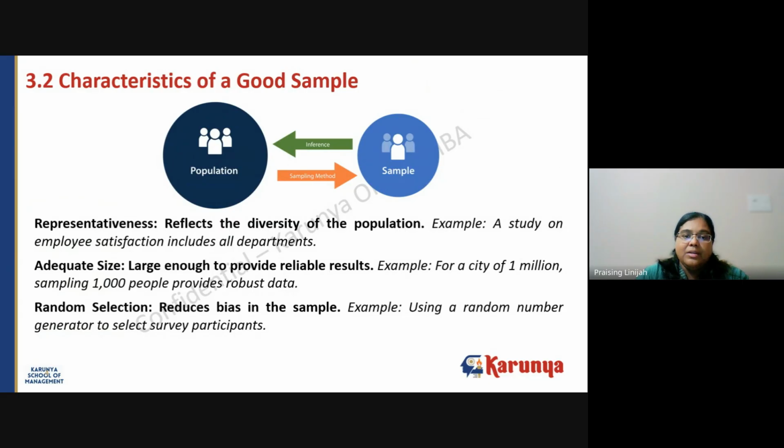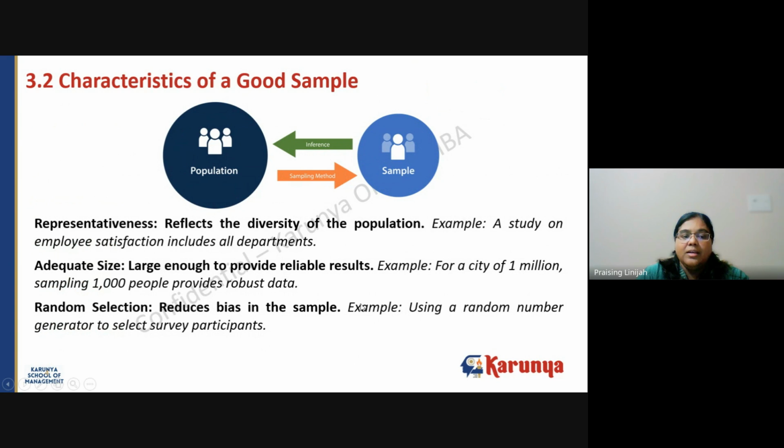The next important feature is its adequacy in size to provide reliable, statistically meaningful results, which means large enough to provide reliable results. Moreover, participants should be selected randomly to reduce bias. So, what is this bias nature?